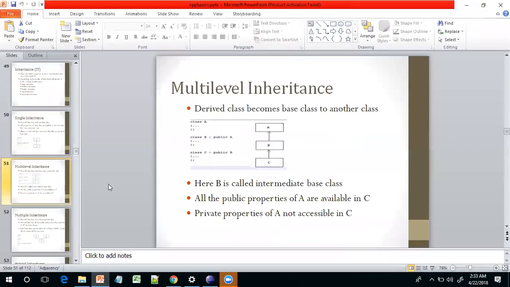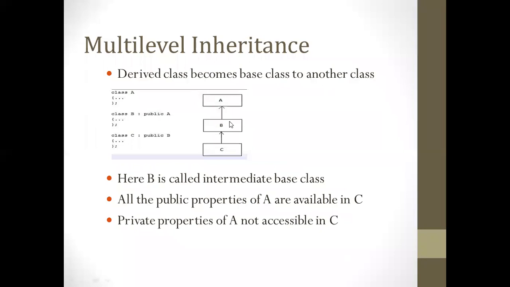Now let us take a look at multi-level inheritance. As you can see, B is a derived class, and this derived class acts as the base class of some other class. Basically there are multiple levels, just like floors in a building.